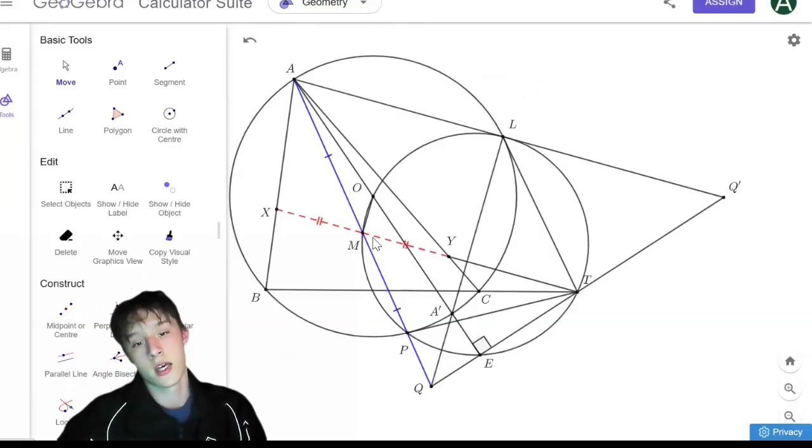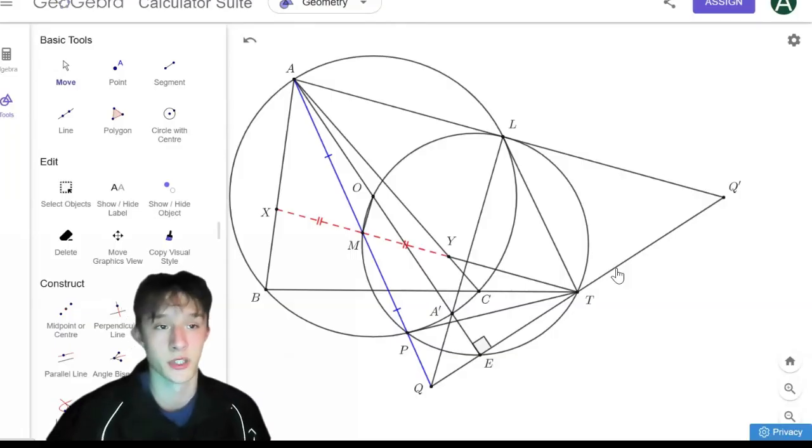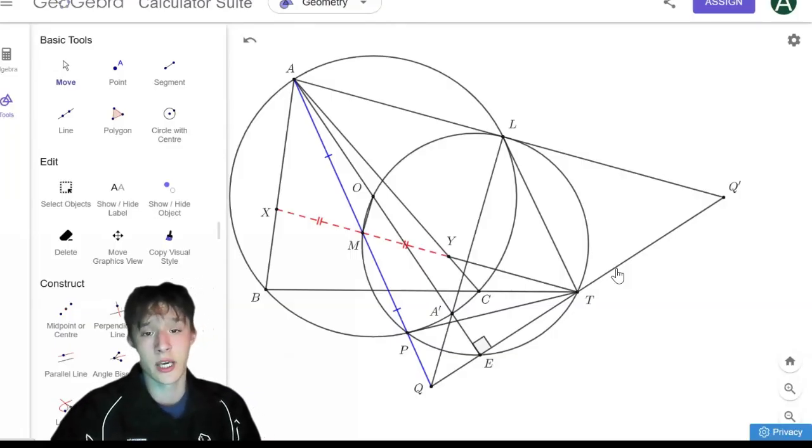And then you have M being the midpoint of AQ, L being the midpoint of AA prime, and we also know that this is the foot of the height, this is the foot of the height. So by extension, this is the Euler circle, and then this is the midpoint.